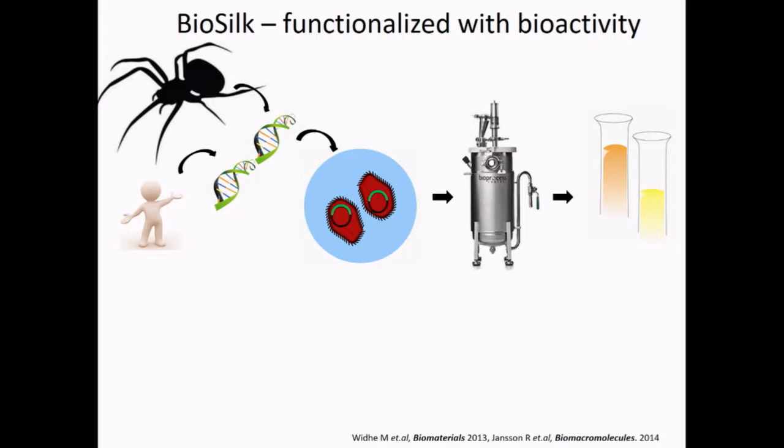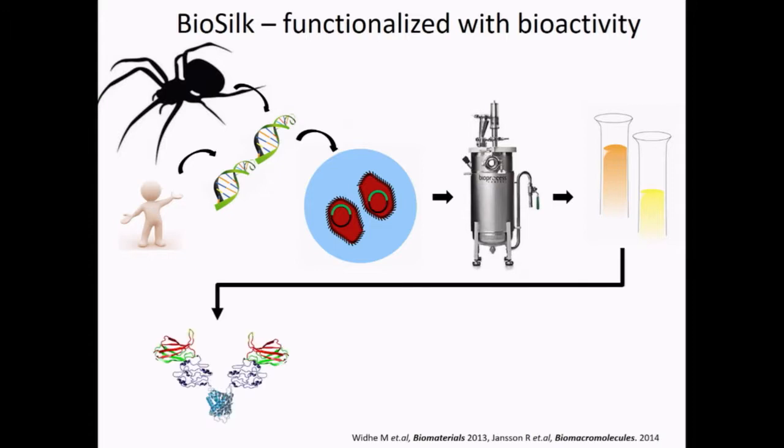And then we let the bacteria produce this protein that is a combination of the silk and the bioactive modules. And we can do that in a similar process as for the silk. So we get a silk protein that is fused to, that is decorated, that's linked to a bioactive module.